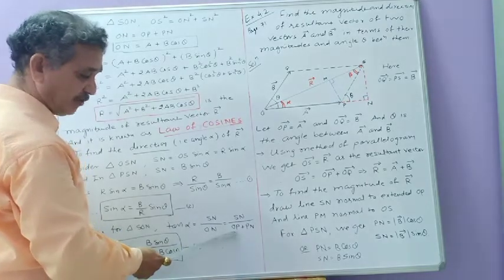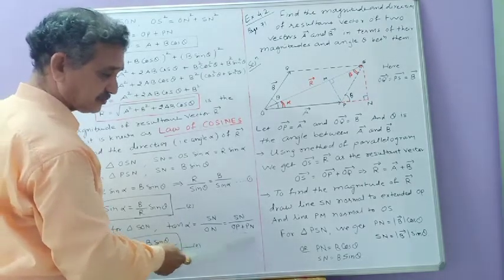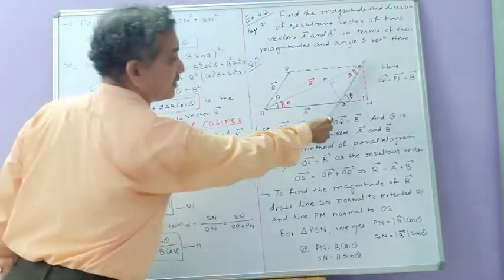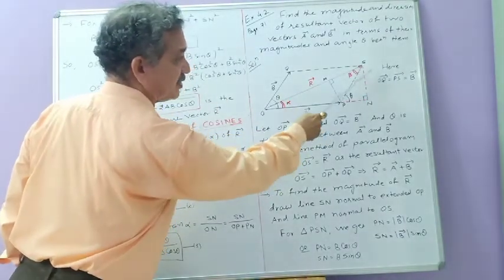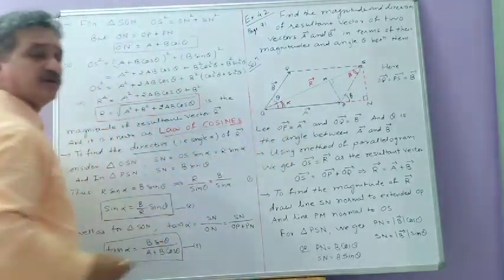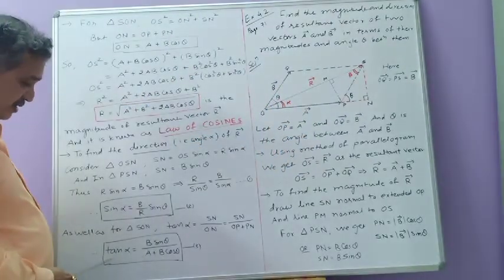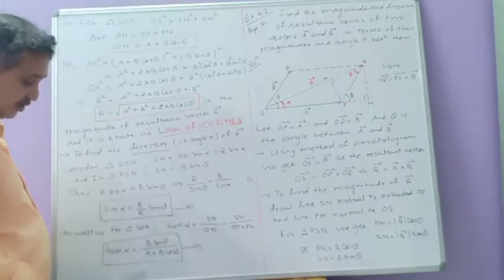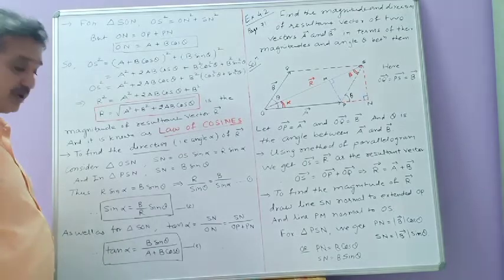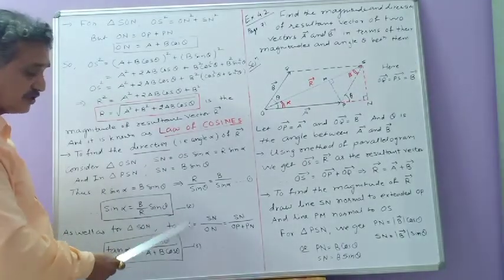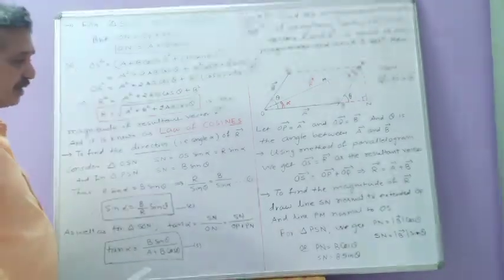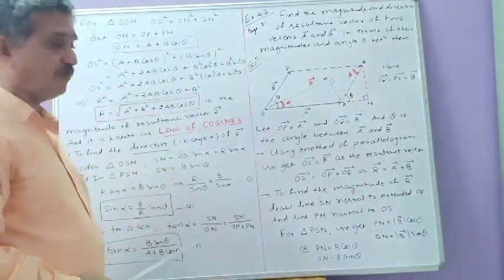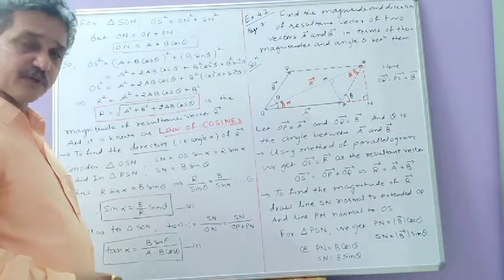OP is the magnitude of vector A and PN is B cos theta, and SN is B sin theta for the right angle triangle PSN. So tangent alpha equals B sin theta upon A plus B cos theta. This is another formula to determine the angle alpha. So there are two formulas, equation 2 and equation 3, to determine the direction of the resultant vector R of the two vectors A and B.